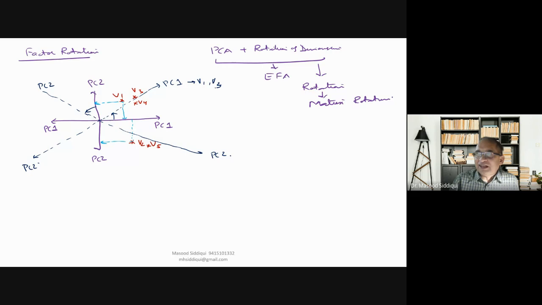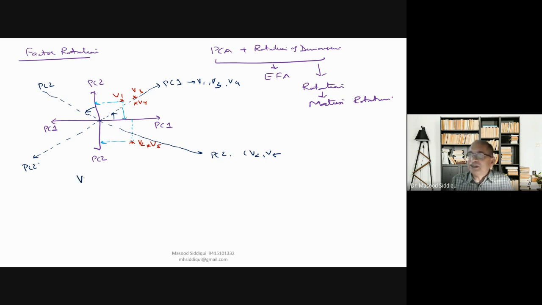V1, V3 and V4 can be put in PC1. In the same way, V2 and V5 have very high loading on PC2 and very low loading on the other principal component, that is PC1. Now they are far apart. So we can put V2 and V5 as a part of PC2. So this is known as factor rotation.